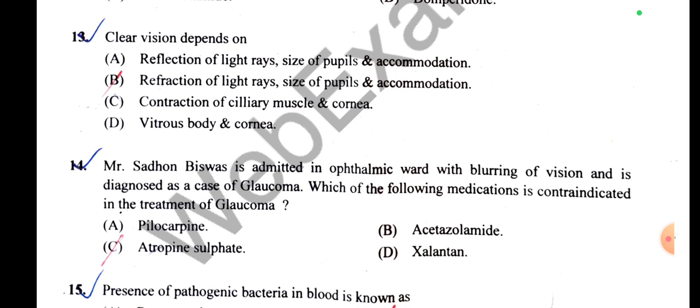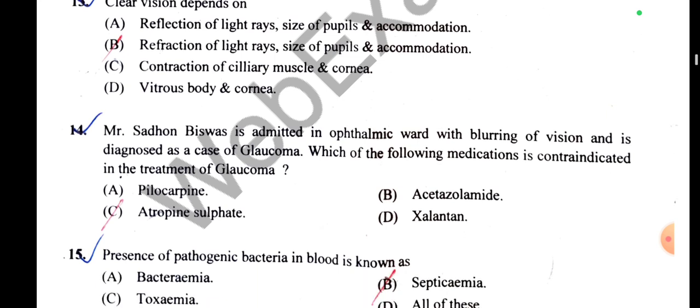And the accommodation is the ability of the eye to change its focus from distant to near object and vice versa. The process is achieved by the lens changing its shape.